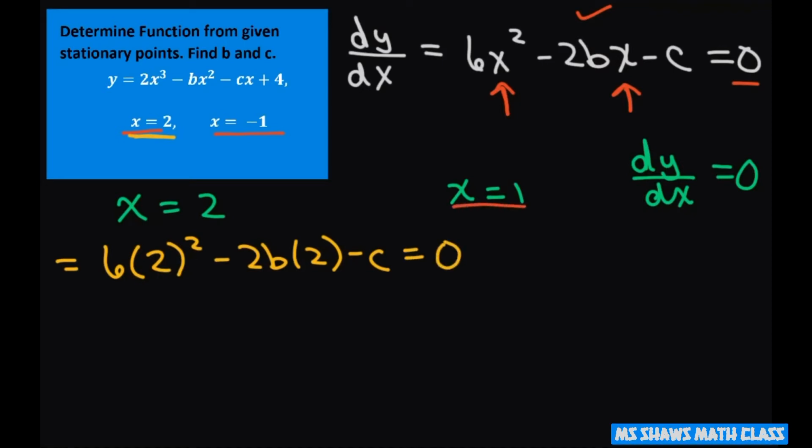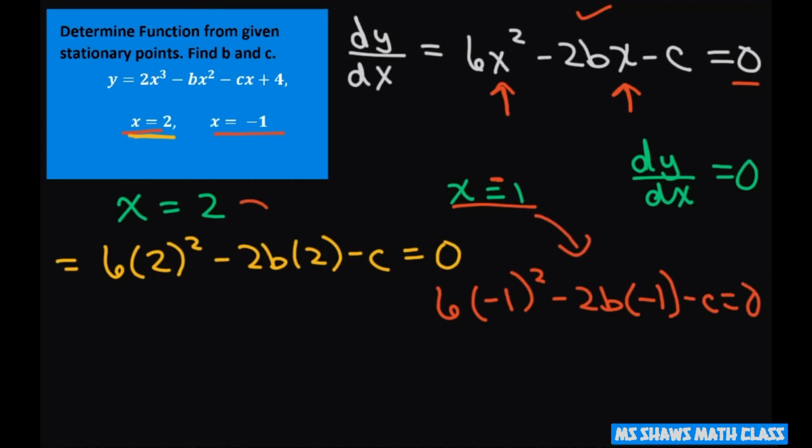Then for x equals -1, sorry, it's -1, we plug that in, so you get 6 times (-1) squared minus 2b times -1 minus c equals 0. So that's this one, and this is this one.